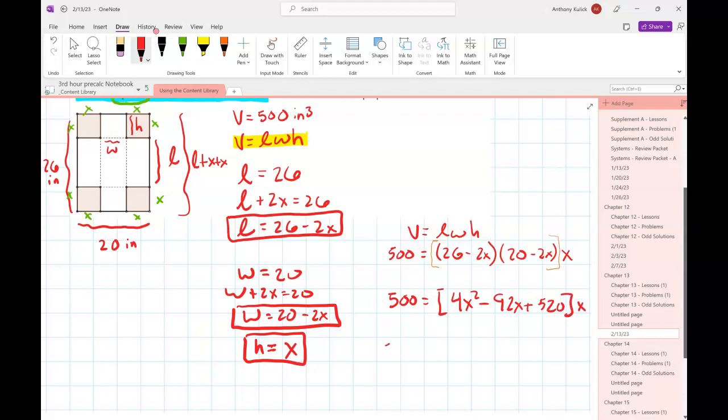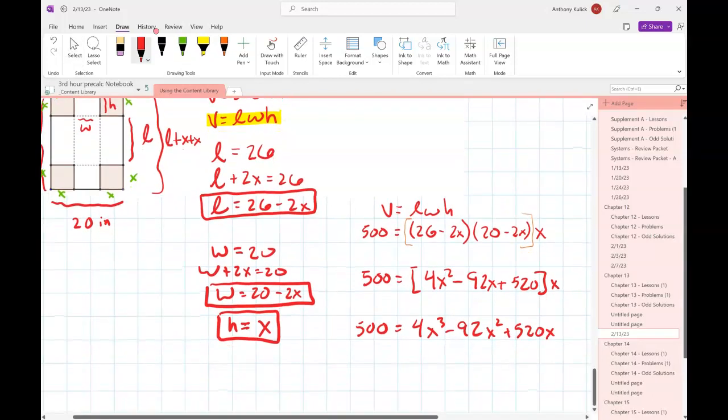And then when I distribute the x through, and then I'm going to get the thing equal to 0.